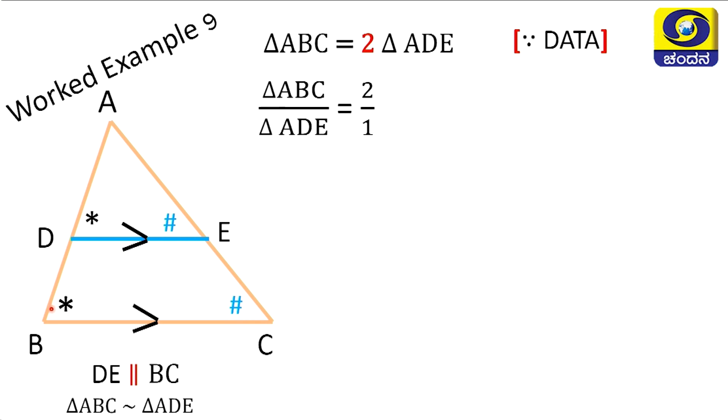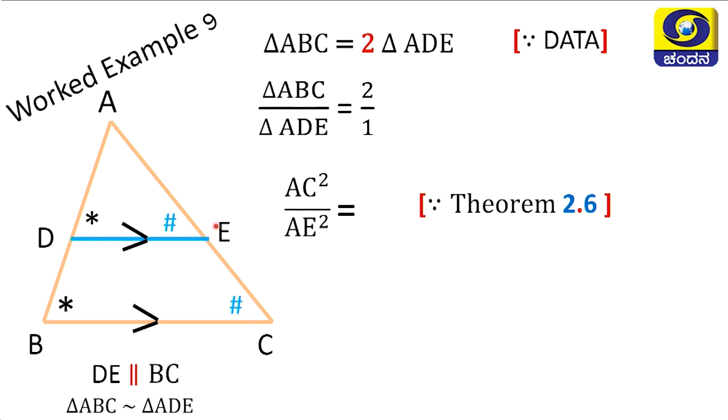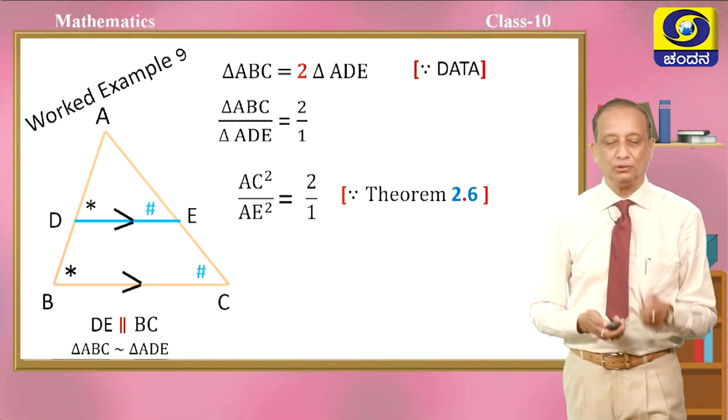You can say that triangle ABC is similar to triangle ADE. When they are similar, apply theorem 2.6, areas of similar triangles. We have just now learnt it. Areas of similar triangles are proportional to squares on their corresponding sides. Therefore, we can write AC square by AE square is also equal to 2 by 1. So this is an application of theorem number 2.6.